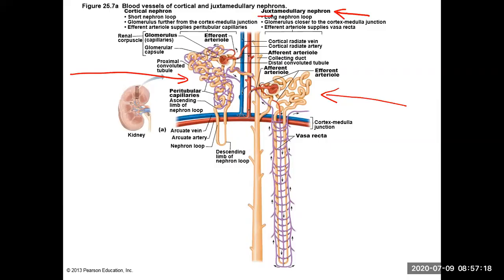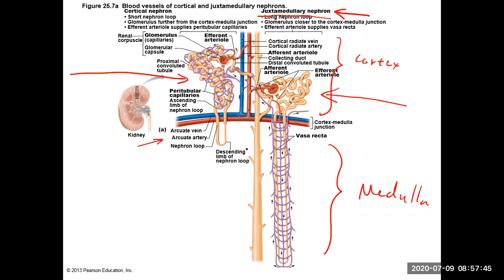Juxta means next to, medullary means medulla, and it's a nephron. Remember, the top part was the cortex, and the bottom part was the medulla. One of the important arteries separating the two parts was the arcuate artery, which you learn about in anatomy, right here.